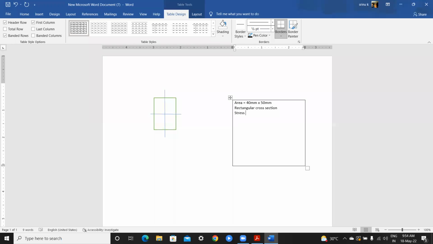The stress is 200 Newton per mm square. Next, they gave Young's modulus, meaning the elasticity of the material.